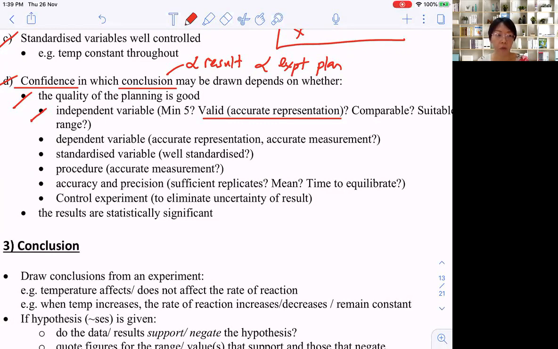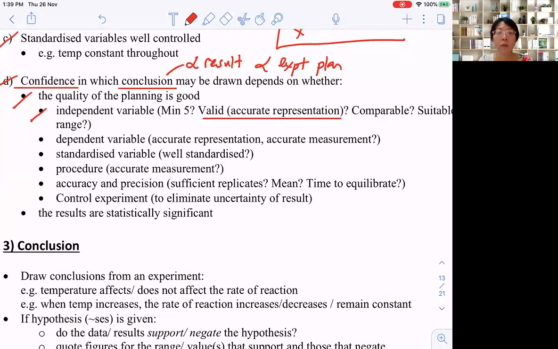Say for example, you want to find out the metabolic rate of a particular species of shrimp.